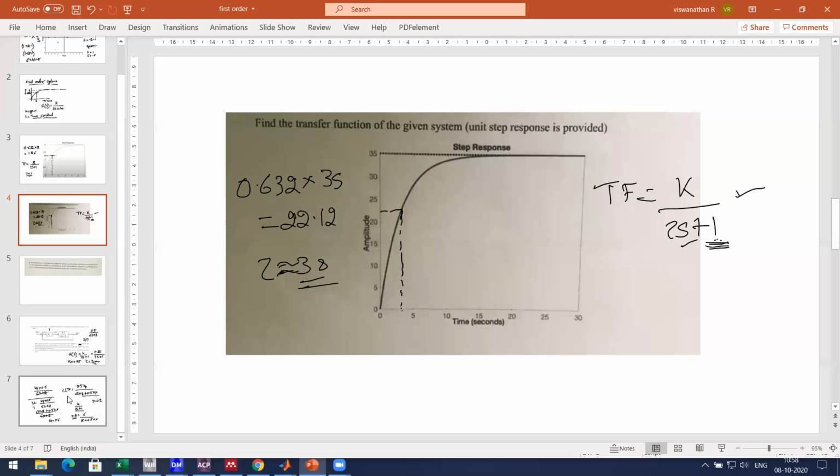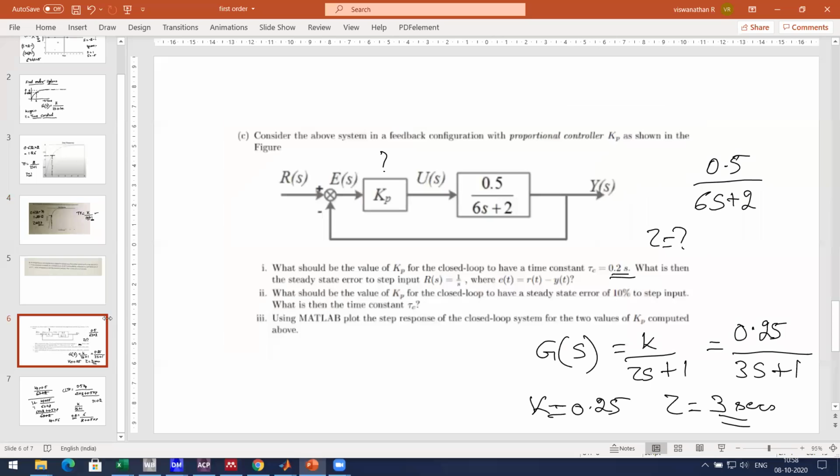In this problem, when it was 2 here, we divided and converted this 2 into 1, so it became 0.25 divided by 3s plus 1. When you have it in this form, you can take the time constant tau as 3.